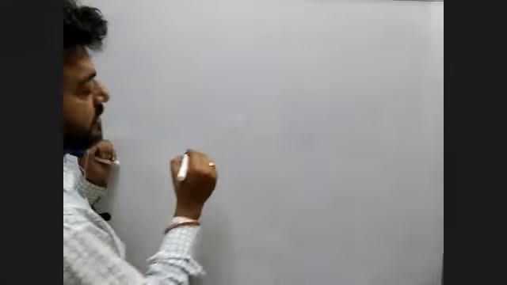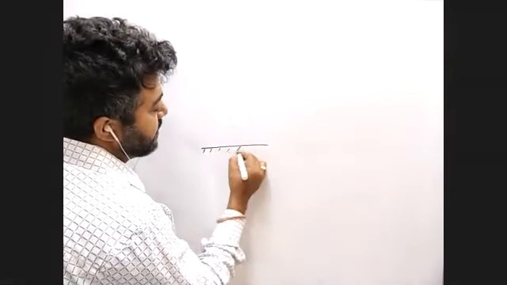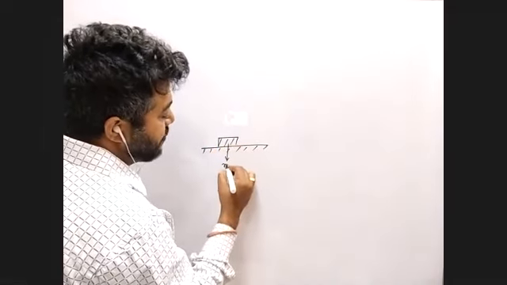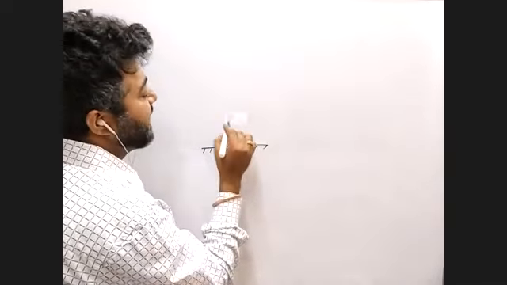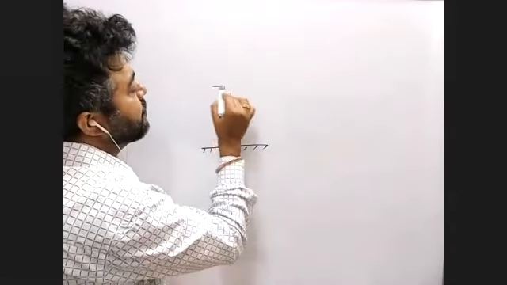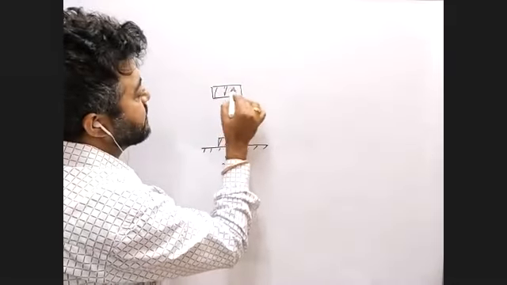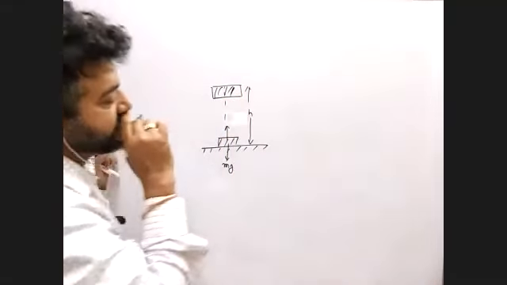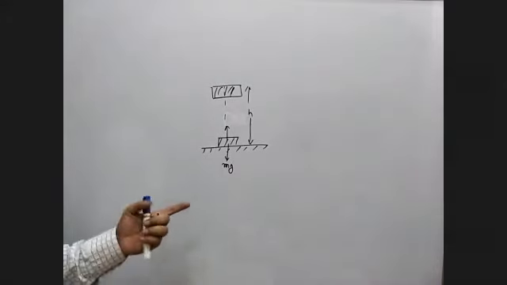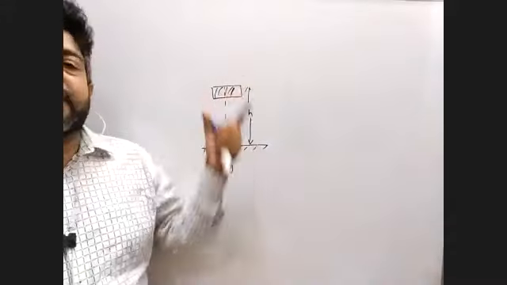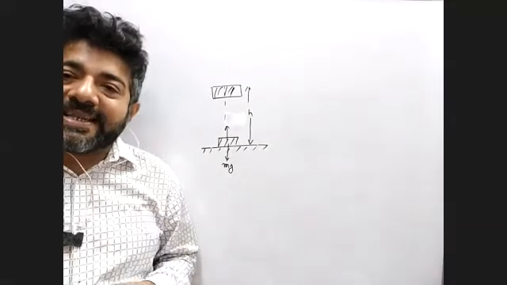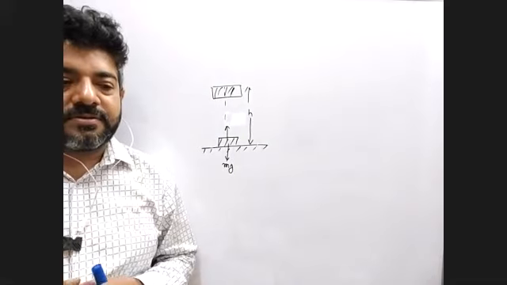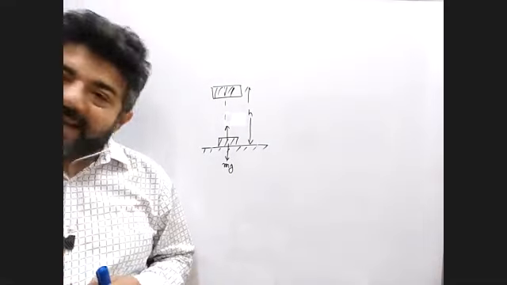So see what happened. Suppose you have a surface on which you have a block, mass is m, so mg is acting downward, and by applying force you move it up to a height. Let h be the distance traveled. So mg is acting downward and you are moving it from this point to this point, so you are moving against gravity.